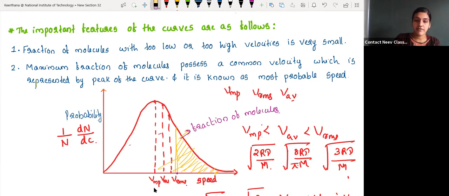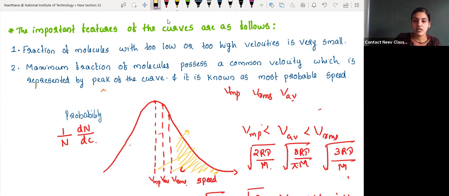If I'm taking this as C, it is the fraction of molecules having speed greater than C. If you are taking a particular area at a particular point, this represents the fraction of molecules having speed greater than this velocity.